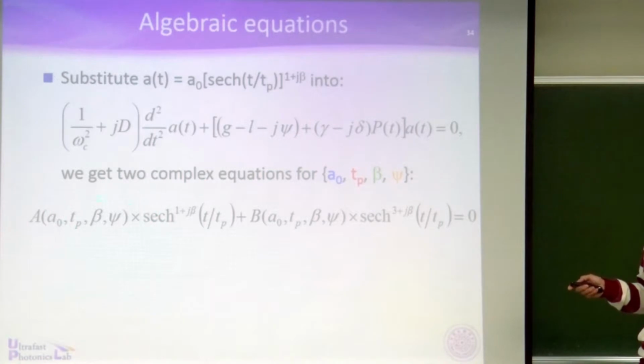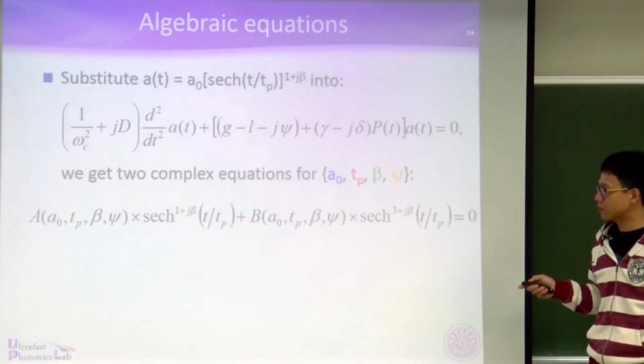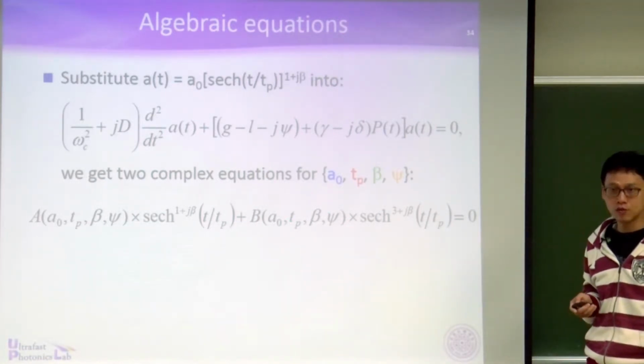And the first function, sech to the 1 plus j beta, has a coefficient function, big A, a function of 4 variables. These 4 variables are the 4 unknowns we need to solve. And the sech to the 3 plus j beta has a coefficient, big B, again a function of 4 unknowns.